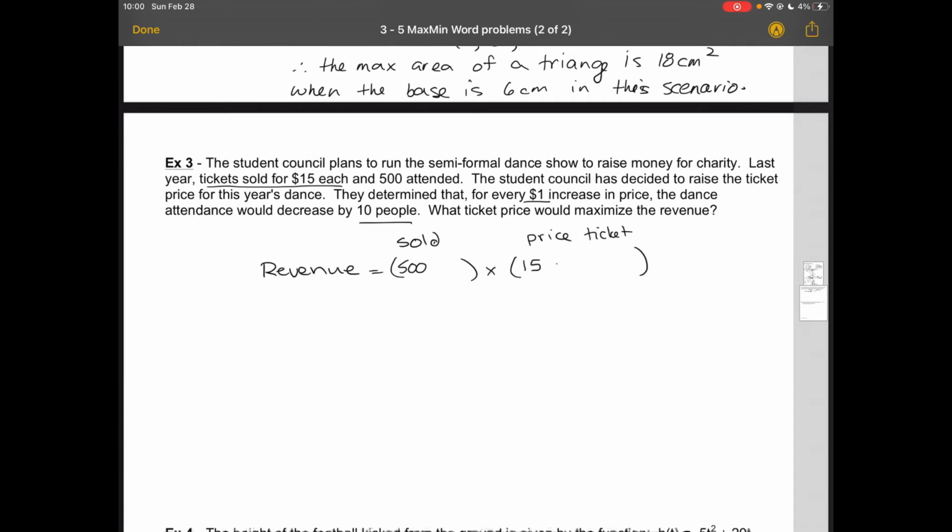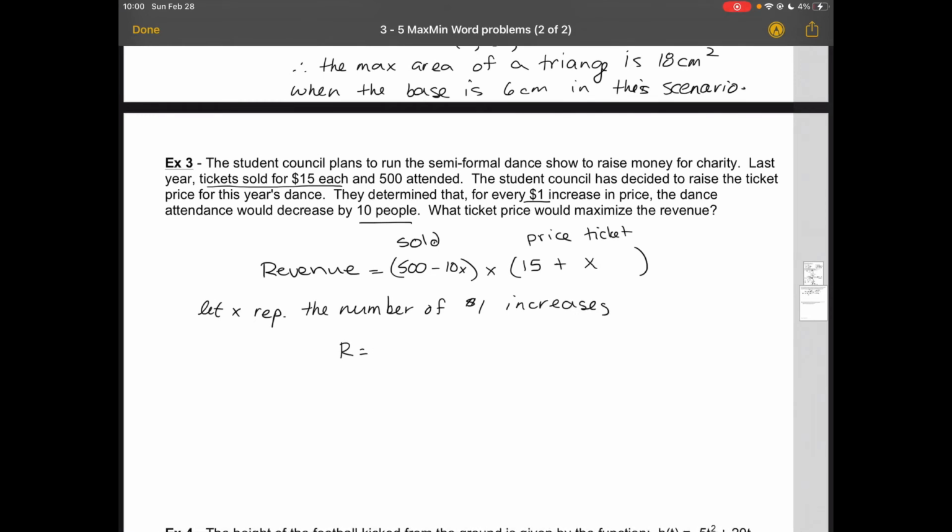Now I want to increase my ticket price by a number of $1 increases. So let's let x represent the number of $1 increases. So that means that for every $1 increase, my number of tickets sold is going to decrease by 10. So this is my equation here.